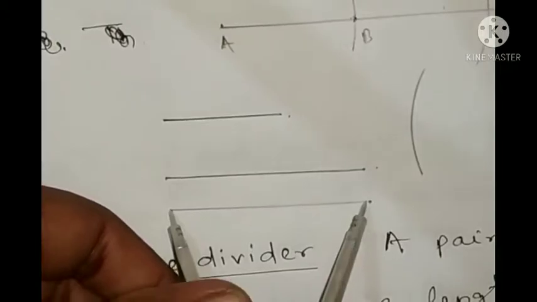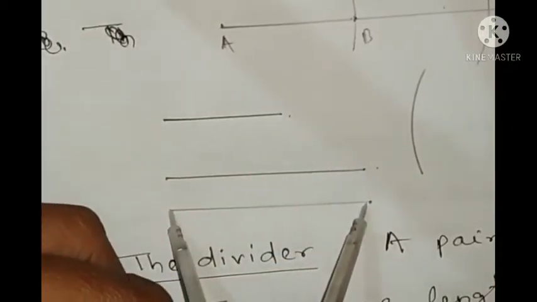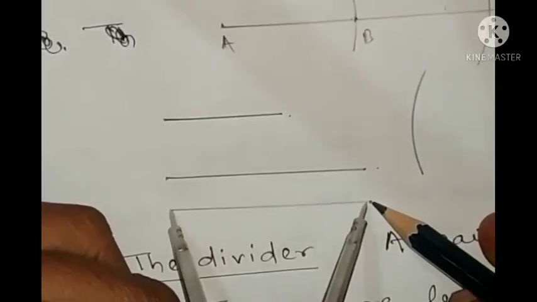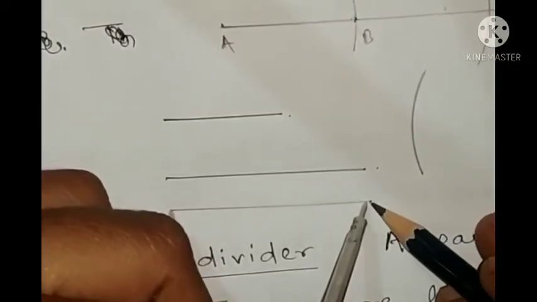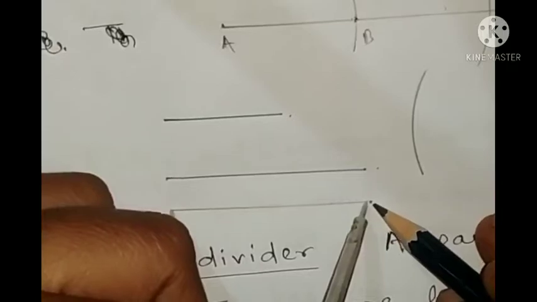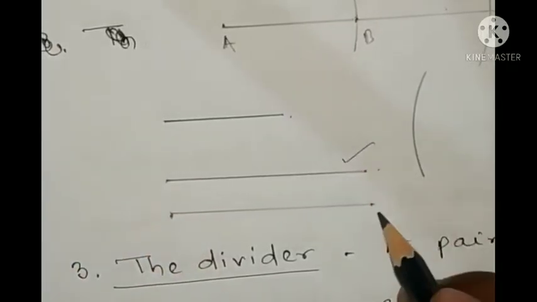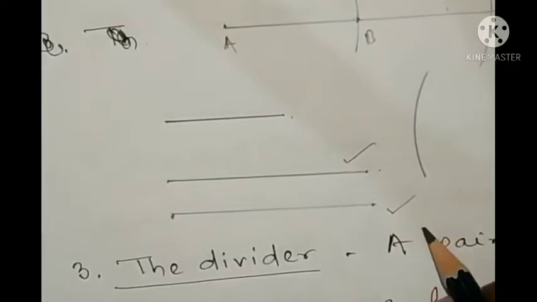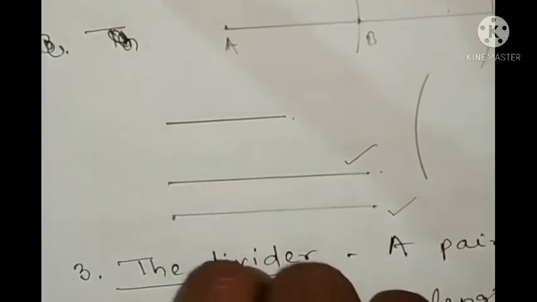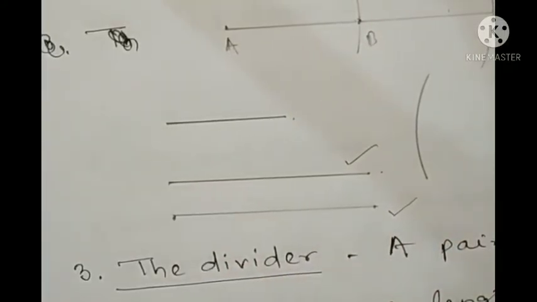So look at here, the other pointer is not on the other end, means this line is smaller than this line. Okay, so like this you can compare the lengths.